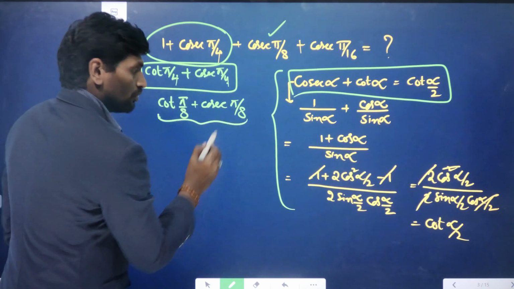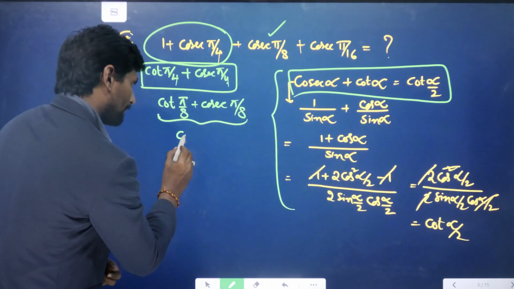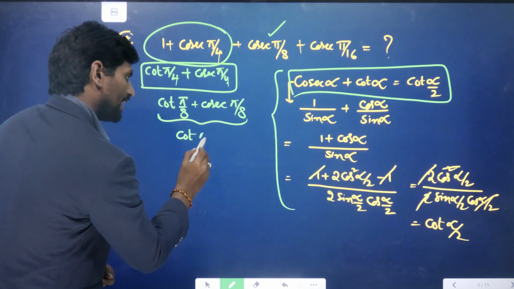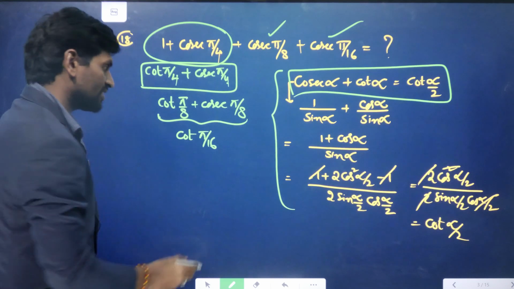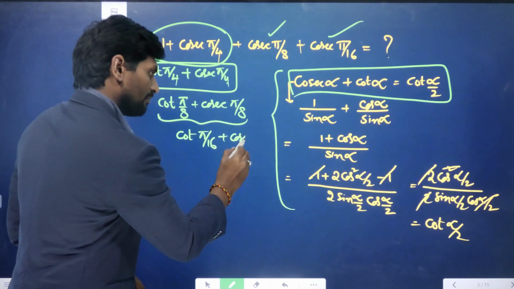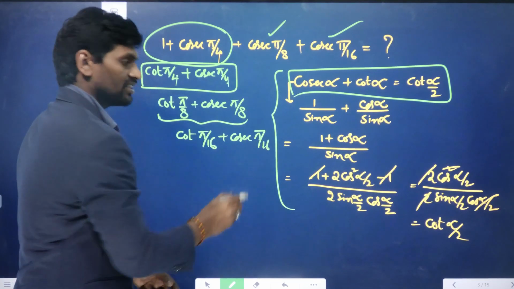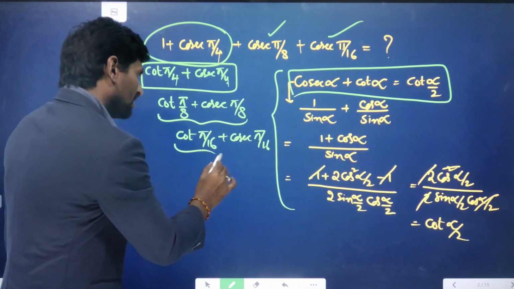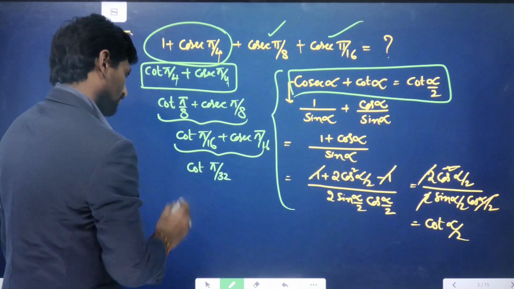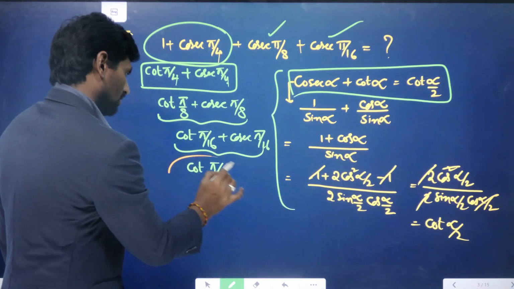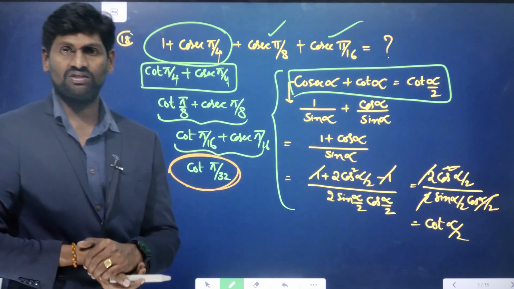From these two, we should write this one as cot pi by 16. And the remaining term is cosecant pi by 16. Again apply the formula. Then the answer will be cot pi by 32. Cot pi by 32. This is our required answer.